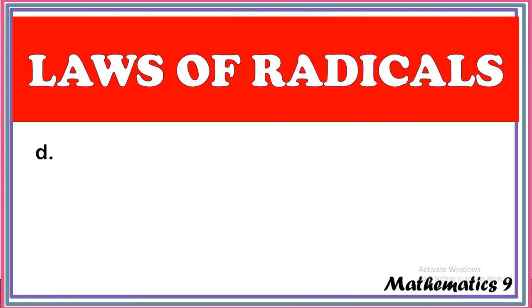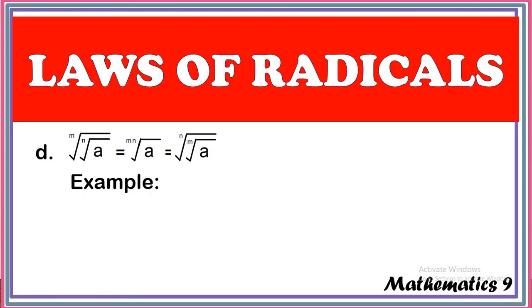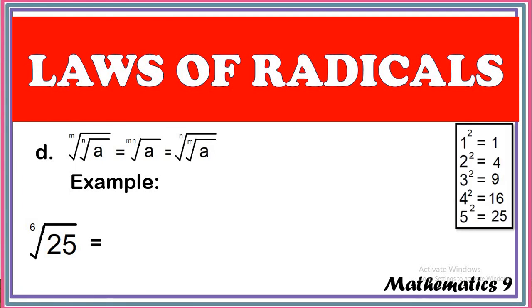Let's go on now to the last law of radicals, which is the nth root of the mth root of a, which is equal to the n times m root of a, and vice versa. We have here the 6th root of 25. The first step is we will factor 6. It's either 2 and 3 or 3 and 2, but that depends on the base, which is 25, and 25 is also equal to 5 raised to 2.